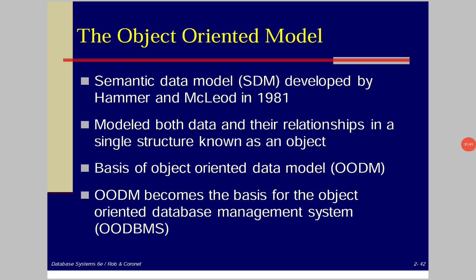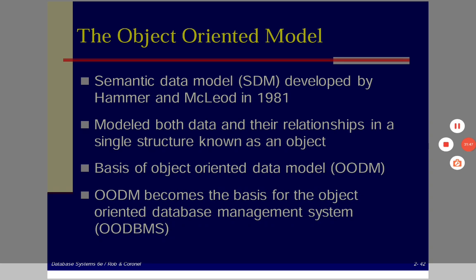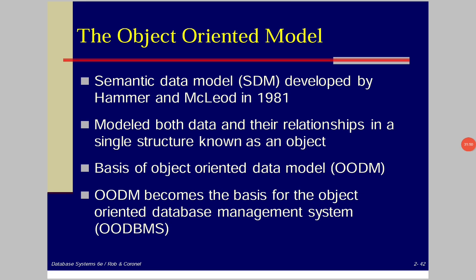The last model is the object oriented model. It is a semantic data model developed by Hammer that models both data and their relationships in a single structure known as an object.